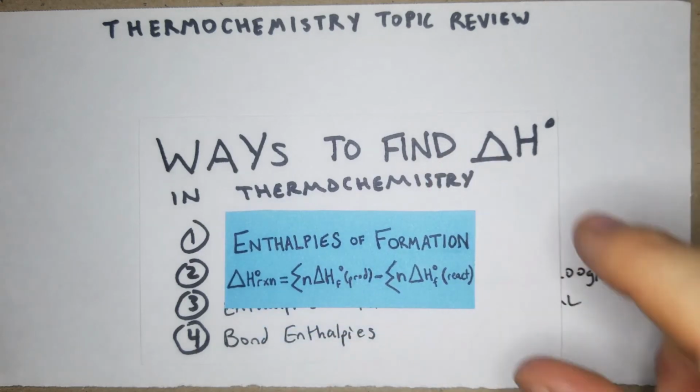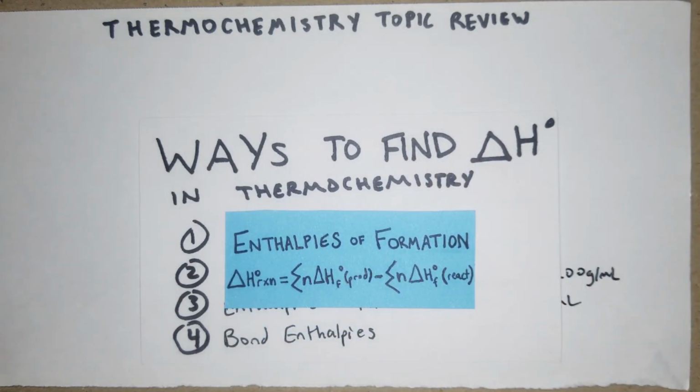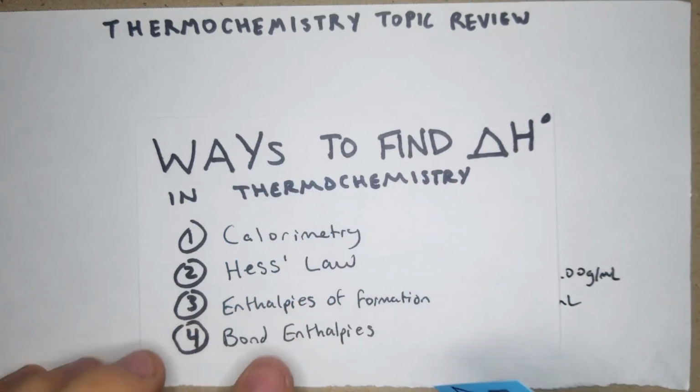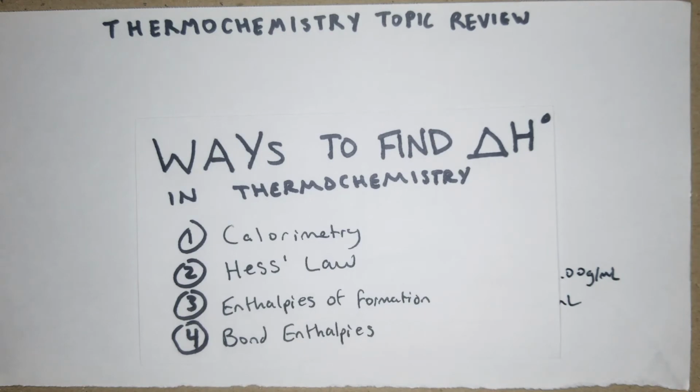Now for enthalpies of formation, we just have this formula here, which we use, and it seems a little bit complex, but basically you're taking the sum of the enthalpies of formation of the products, and then subtracting the sum of the enthalpies of formation of the reactants. And then that's how you're going to find those answers.